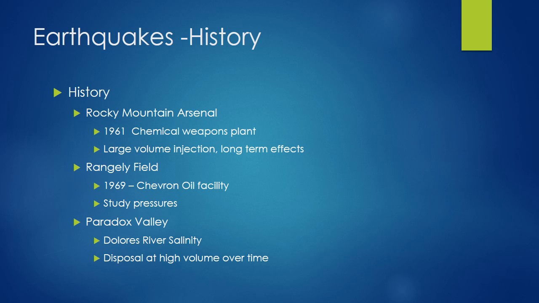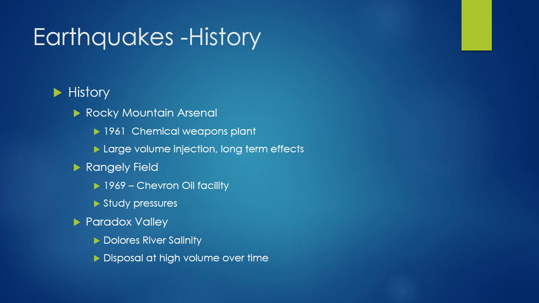Between the start of injection in 1961 and the end in 1966, there were 13 earthquakes over 4 in magnitude. In 1967, there were 3 earthquakes that were recorded over 4.8 that caused minor structure damage, and the earthquakes were traveling as far as 10 kilometers from the injection well.